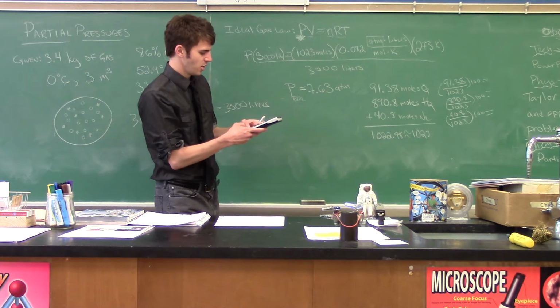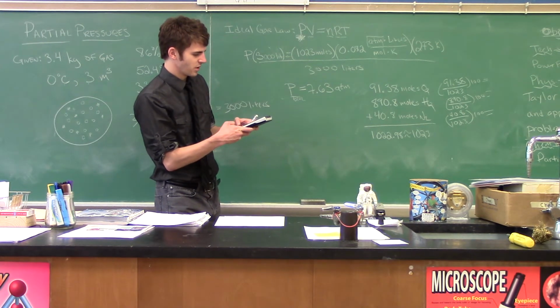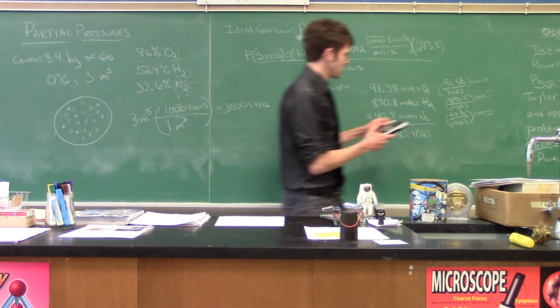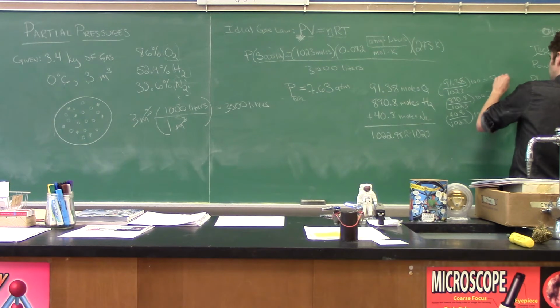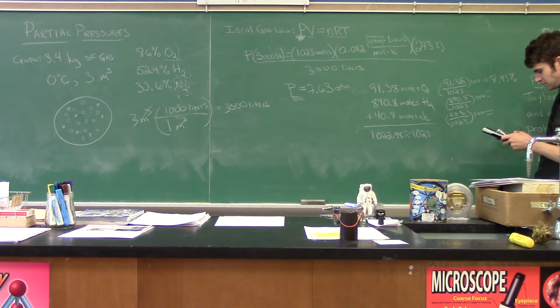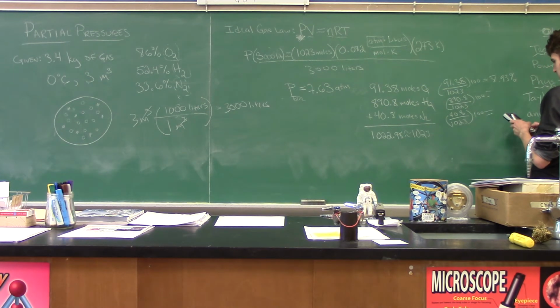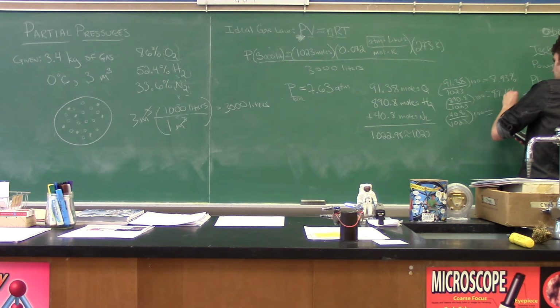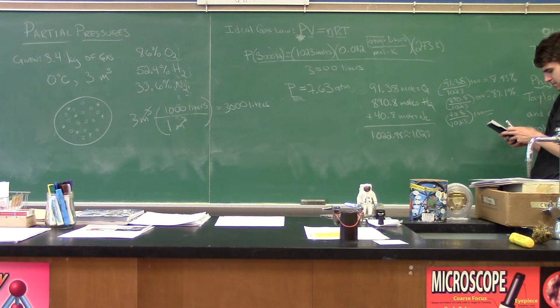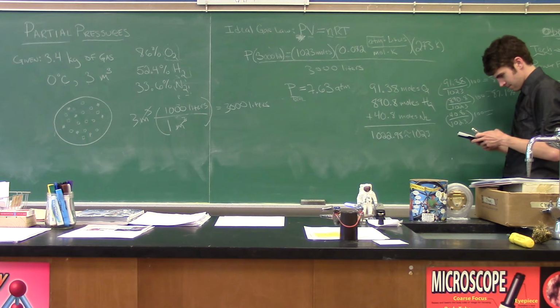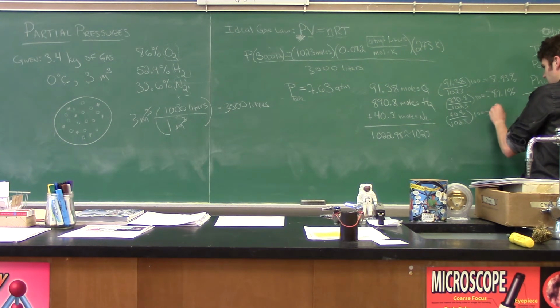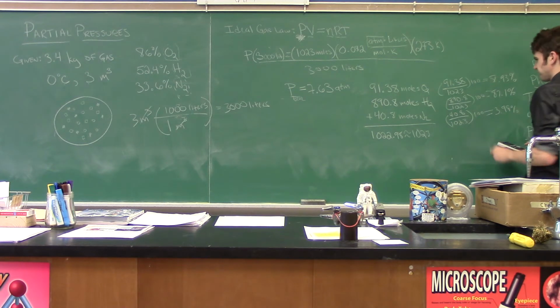So let's see, 91.38 divided by 10 to the 23. So this is 8.93%, and then 3.99%.